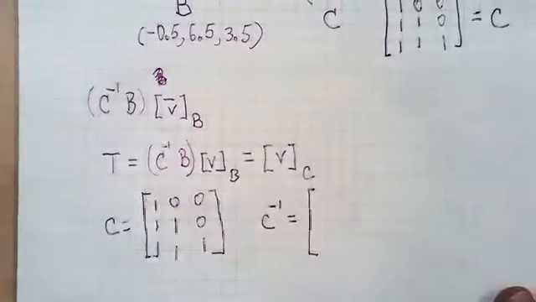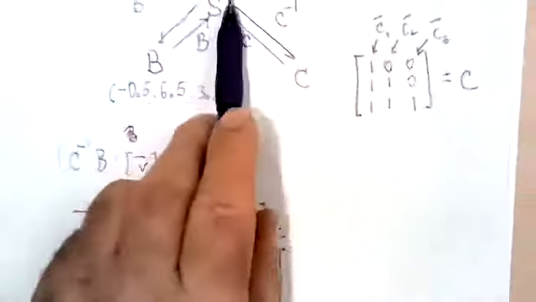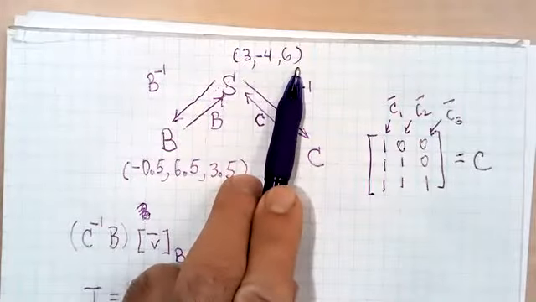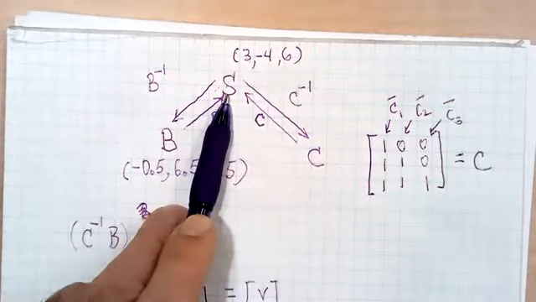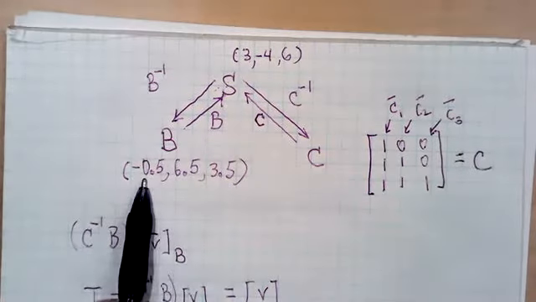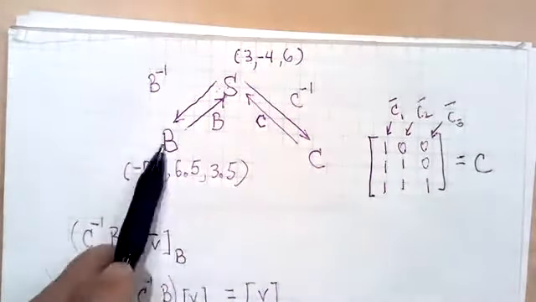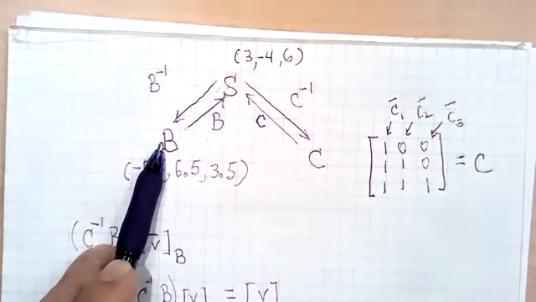All right, so let's finish the calculation. So I know this, the coordinates 3, -4, 6 in the standard basis refer to the same point as the coordinates -1/2, 6.5, 3.5 relative to the basis B. Well, you could ask this question as well.